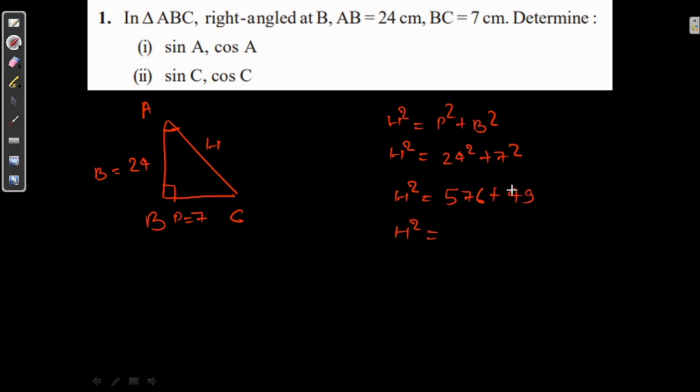So h square will be 625. So h square is going to be 25 square. On comparing, we can say h will be 25. All units were in centimeter. So simply I can write h is equal to 25 centimeter.